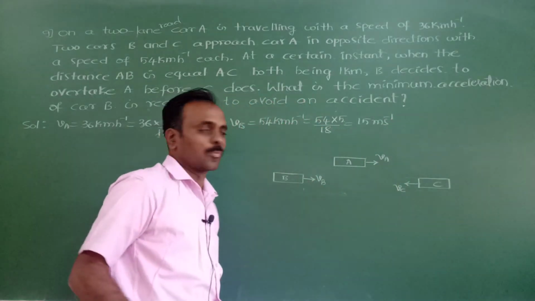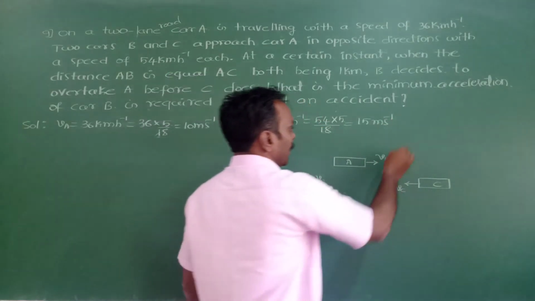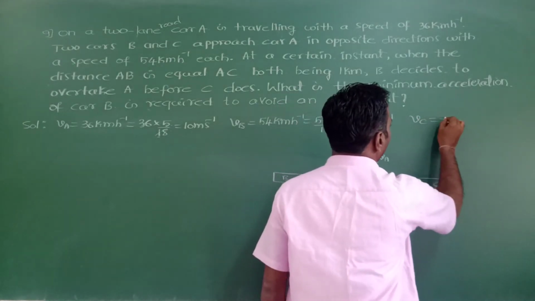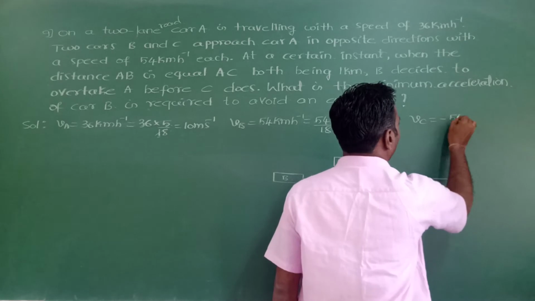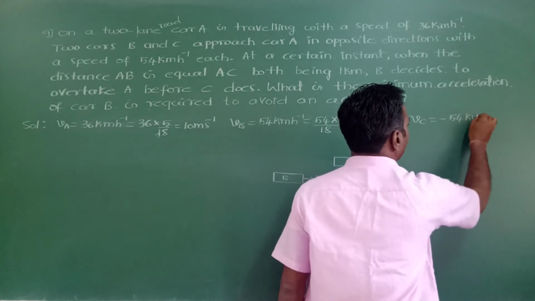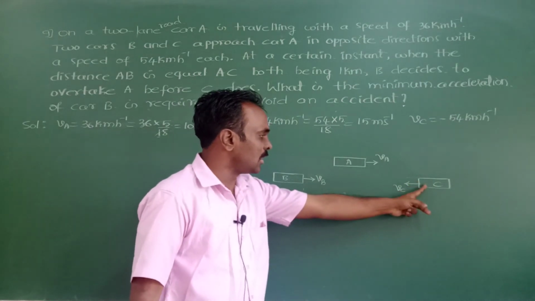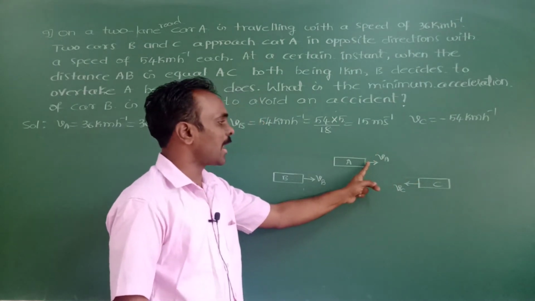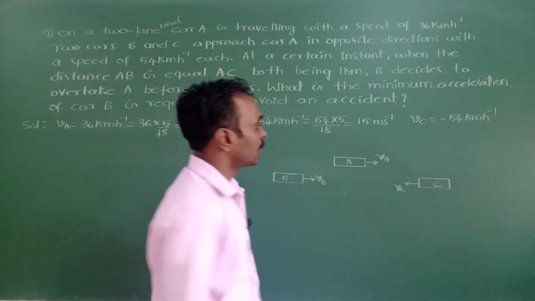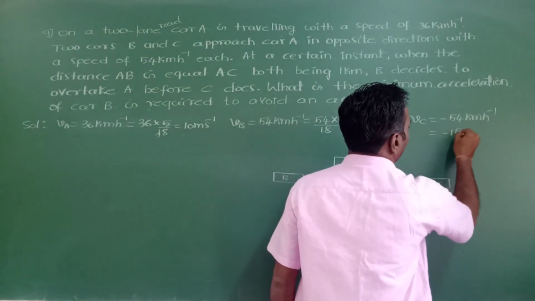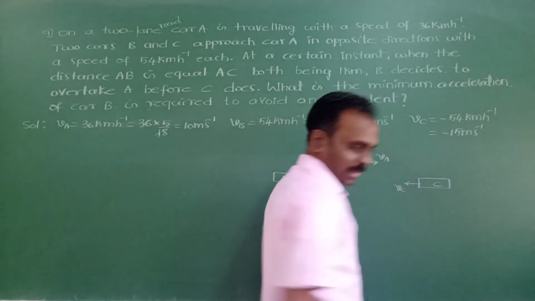18 3s are 54. So similarly, the velocity of car C is equal to minus 54 kilometer per hour, because car C is moving opposite to the direction of motion of A. So here it is minus 15 meter per second.